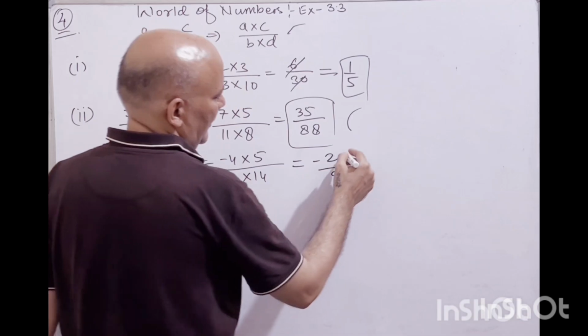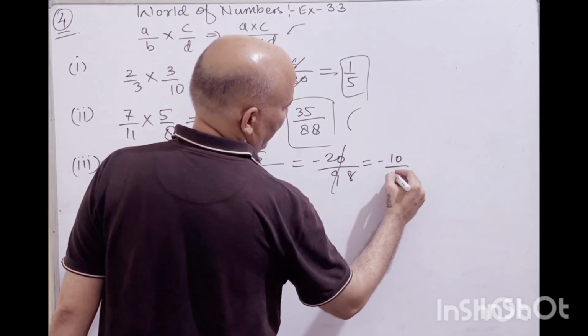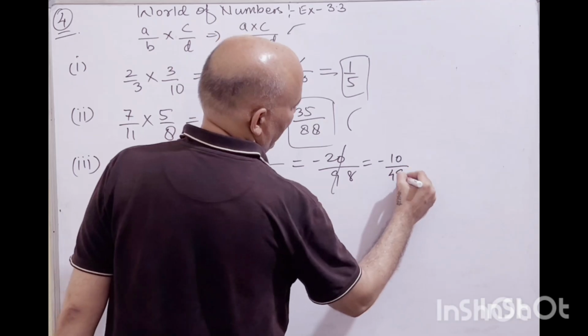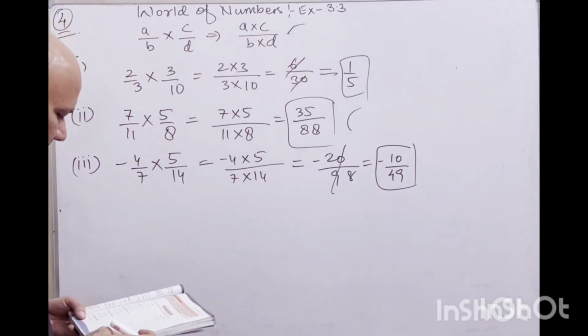If you want to solve it further, it simplifies to minus 10 upon 49. So this would be your answer.